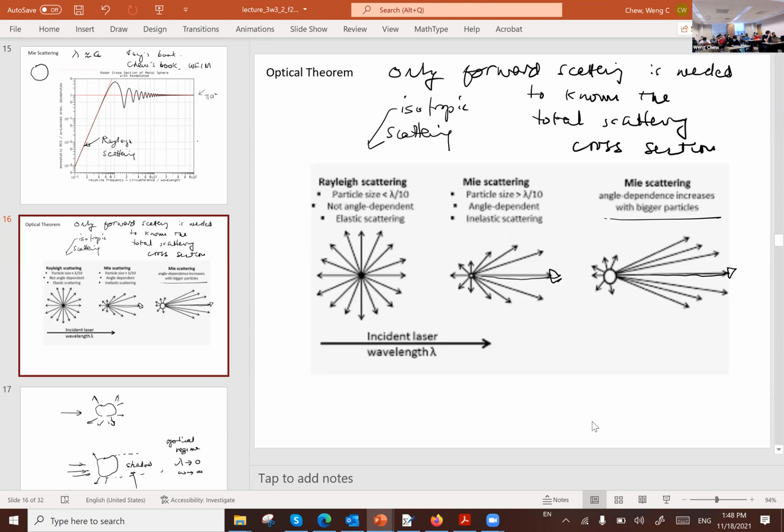Another very interesting phenomenon of scattering is that if you have a small particle, when the frequency is low, the wavelength is long, this dipole scatters almost isotropically, like a donut. However, if you increase the frequency, you find that it scatters gradually more and more in the forward direction.